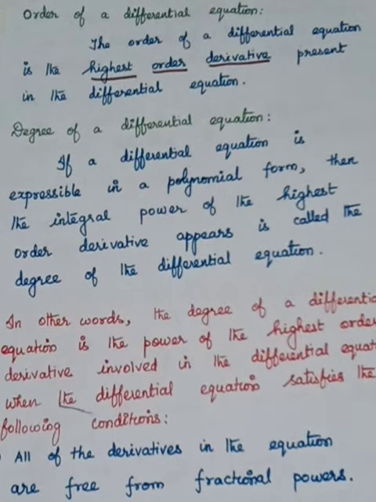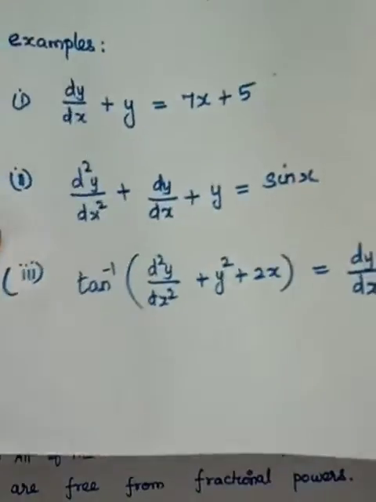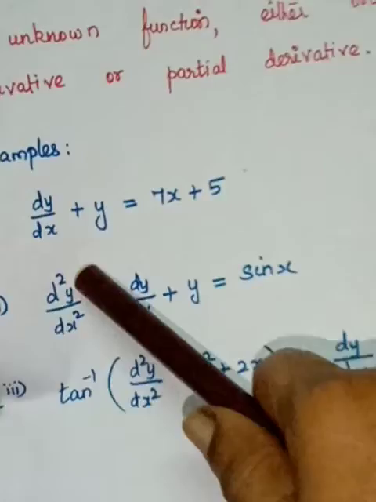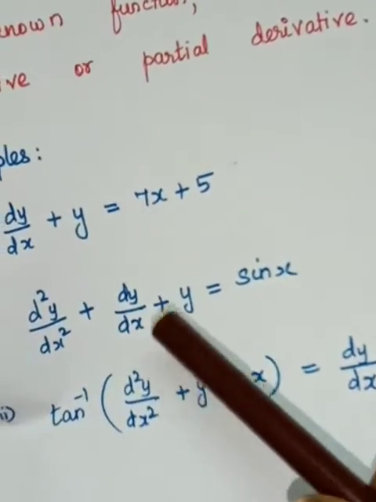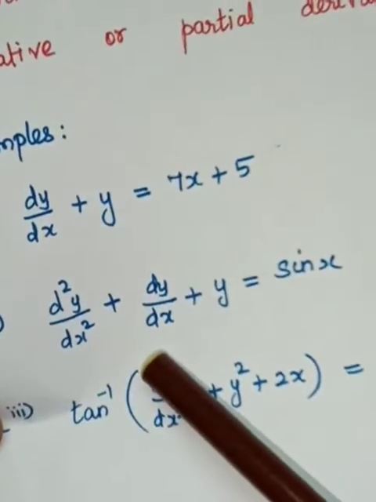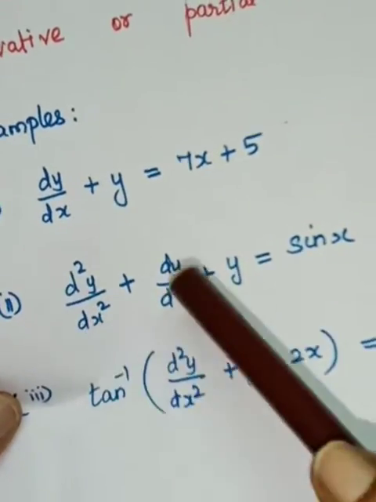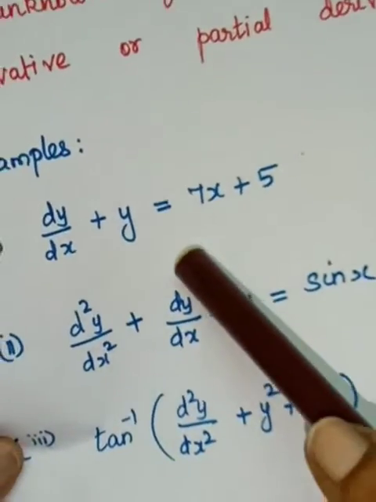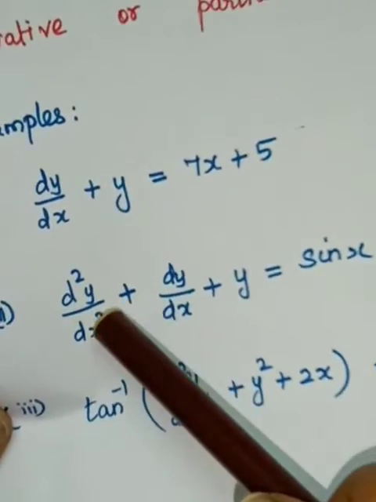For example, see the second example: d squared y by dx squared plus dy by dx plus y is equal to sin x. In that, there are two derivatives: this is the first order derivative, this is the second order derivative.